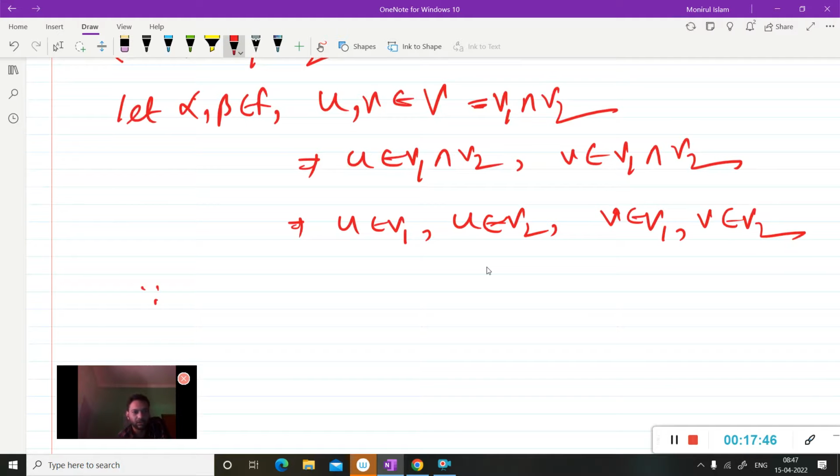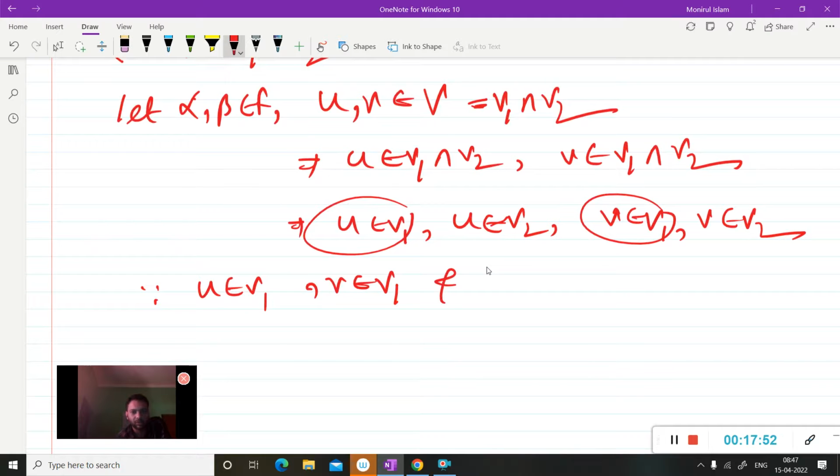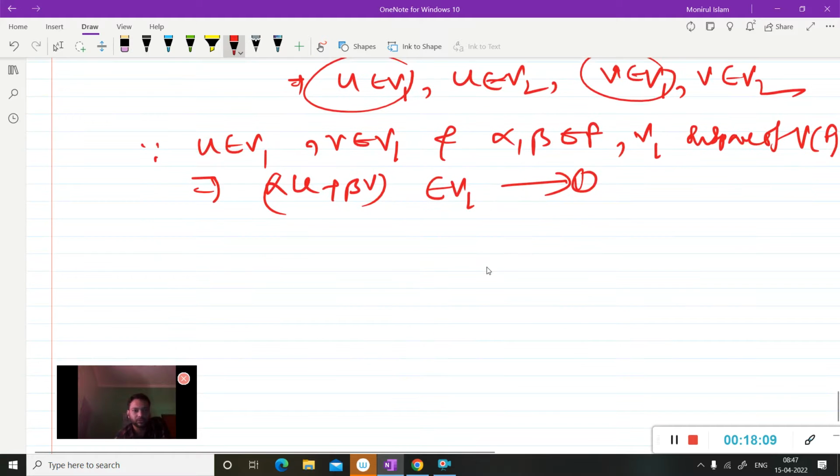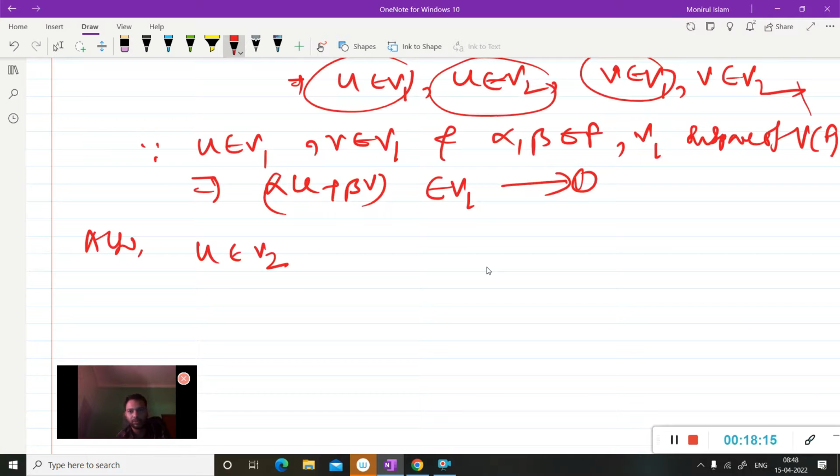Now u belongs to V1 and v belongs to V1, and alpha and beta are scalars. Also V1 is a subspace of V over F. So from the definition, alpha u plus beta v belongs to V1. Now similarly, since u belongs to V2 and v belongs to V2.